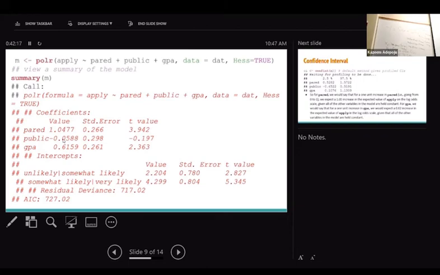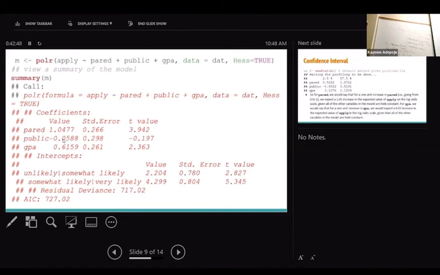Because public is what R is considering here, the one for public is less because of the negative. Where is the one for private? Private is the reference because public is coded 1 and private is coded 0, and this estimate is an interpretation for public decrease.